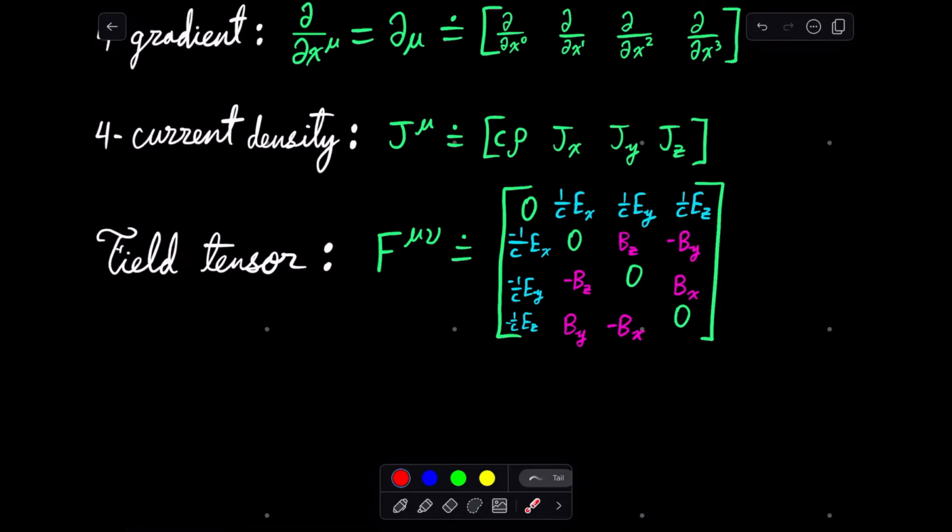And you can think of these components here, the mu and nu, as giving you the index for elements in this matrix. So for example, if you're doing the 0 and 3, then you're looking at the 0th row and then the third column. So 0th column, first column, second column, third column. So 0, 3 would be this element here. And as you sum over these all, you're just taking all of the elements out of this matrix.